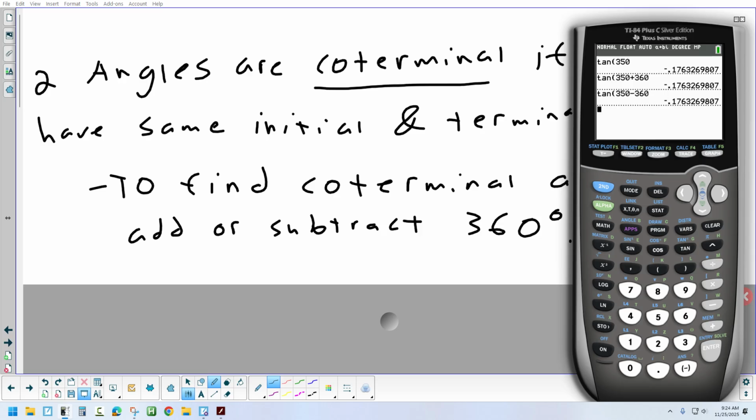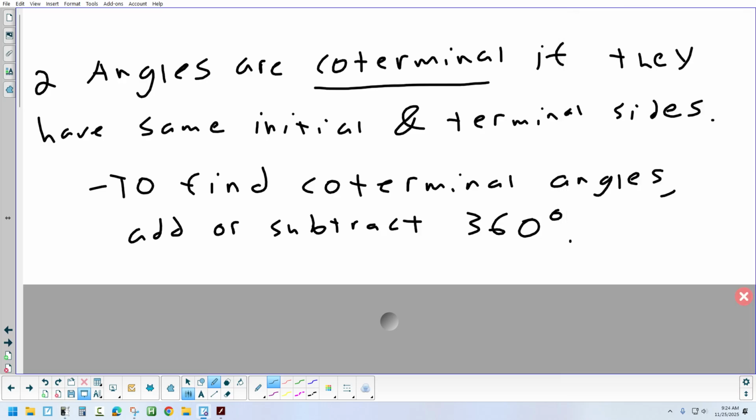So if I don't mind working with a negative angle, I can work with a lot smaller number than 350 and still get the same answer. Maybe negative 10 is just easier to work with in my head than 350. We're not getting into that right now, but that's the advantage of using coterminal angles. We can make an angle bigger or smaller and still get the same result when we plug it into the calculator and start doing trig.